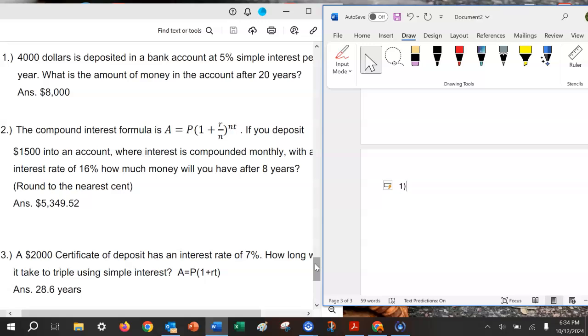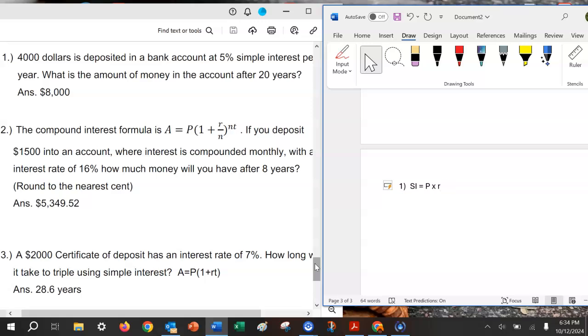So the formula for simple interest is, or define simple interest, I guess, is SI equals principal times, let's do lowercase r for rate.